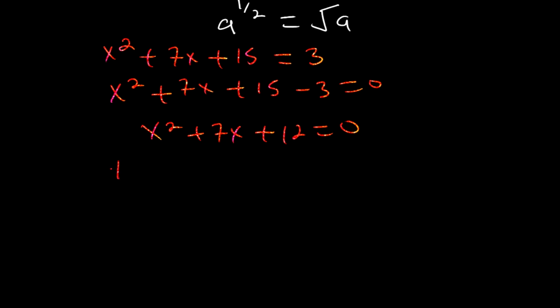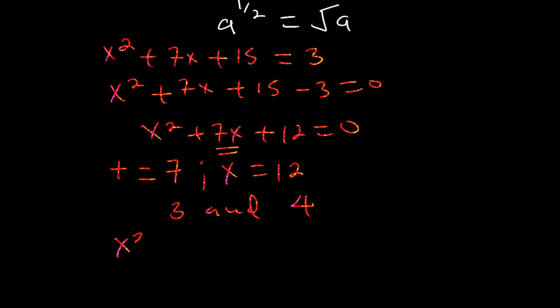We look for two numbers whose sum is the same as b, which is 7, and whose product is the same as a times c, that is 1 times 12, which is 12. These two numbers are 3 and 4, because when you add them, you get 7, and when you multiply them, you get 12. So we split b into these two numbers.